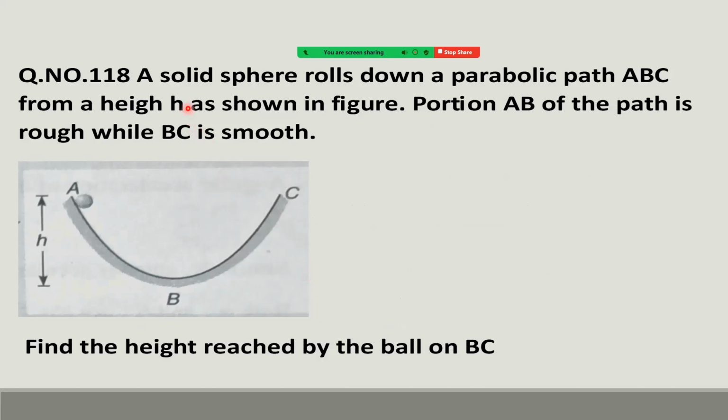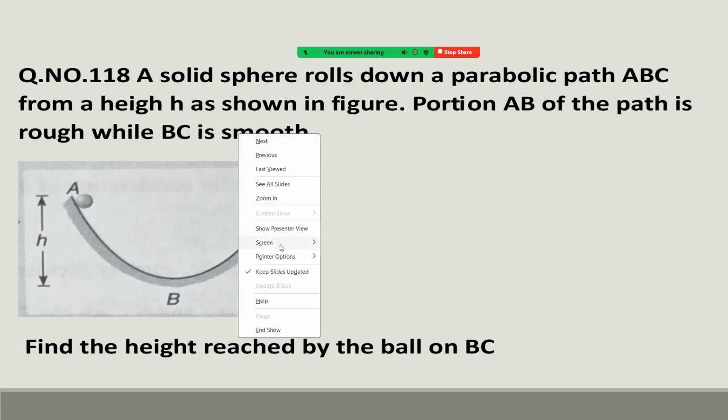A solid sphere rolls down a parabolic path A, B, C from a height h as shown. Portion AB of the path is rough, but coming to BC, it is smooth. Find the height reached by the ball on BC. Okay. See now carefully how to start.